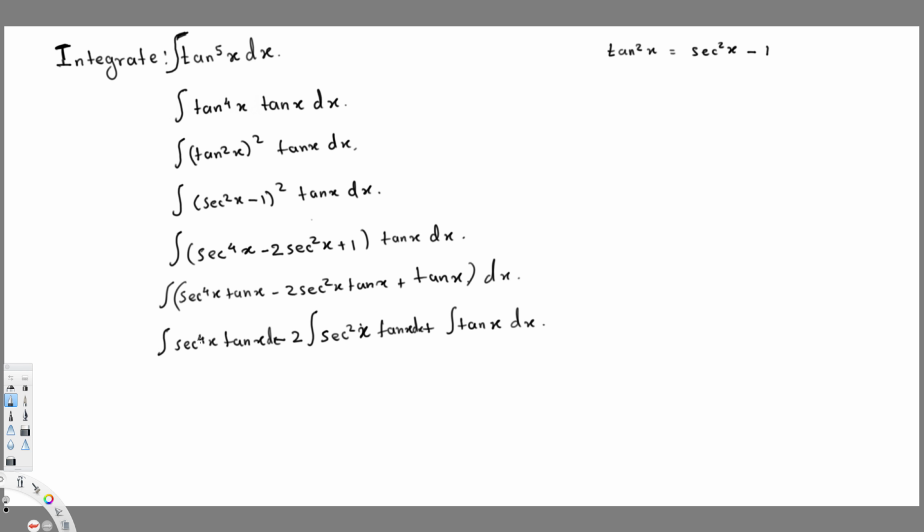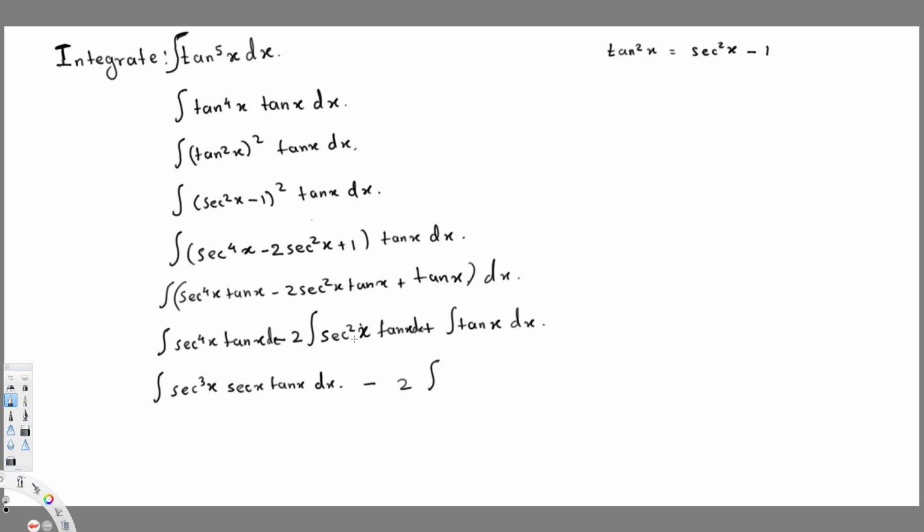In this case I can do the u substitution, but we know the derivative of sec is sec x tan x, so let's bring this one outside. So this is sec cube x times sec x tan x dx, minus 2.